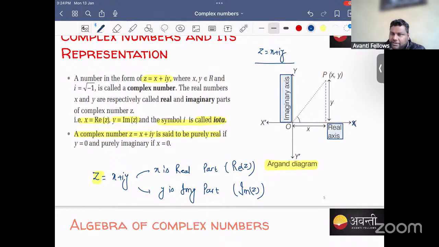So if I use z equals x plus iota y, along the real axis you move x. Along the imaginary axis, you move y. And we get a point P, that is x comma y. Understood?